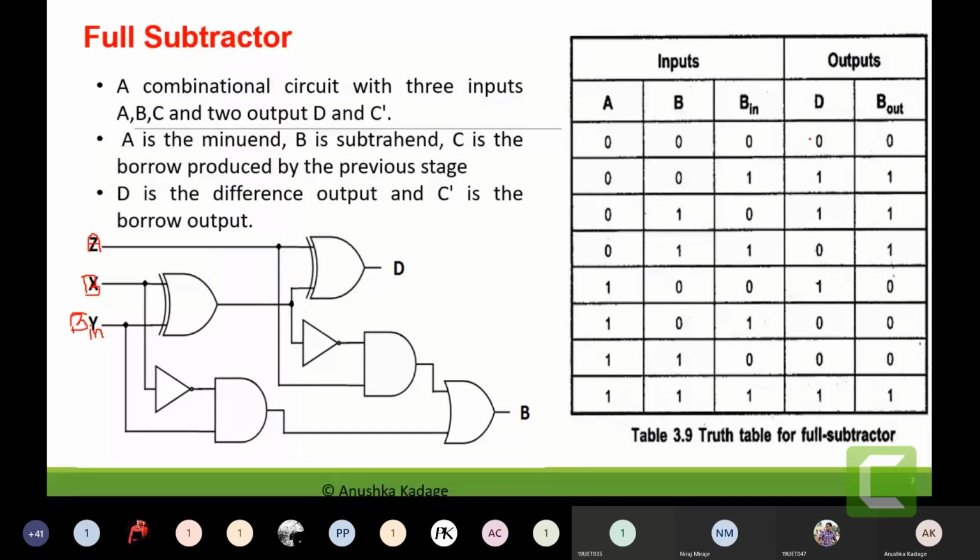Now, from this truth table, separately for this D, we have to implement the three variable K map of A, B, and B in. Take AB in the column specification and B in in the row specification.